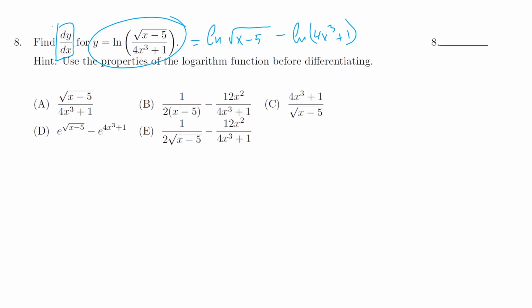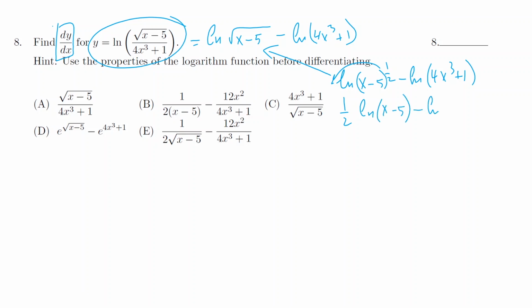Now, this dude right here, the square root of x minus 5, it's ln of x minus 5 to the 1/2 minus ln of 4x cubed plus 1. And you can move the exponent to the front, so 1/2 ln of x minus 5 minus ln of 4x cubed plus 1.